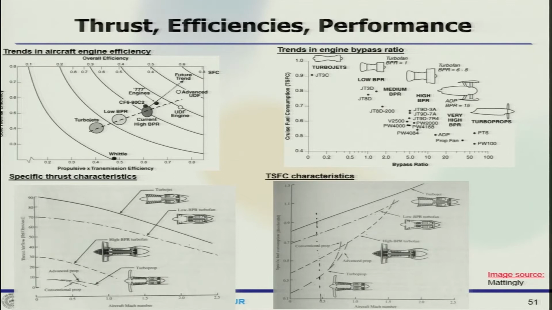But when I go to high Mach number, then you can see this is what, that is why for low speed application turboprop is preferred, and for high speed application bypass ratio turbofan is preferred, and at the same time the other curves also kick in. Now, that will give you some idea about how these trends are.